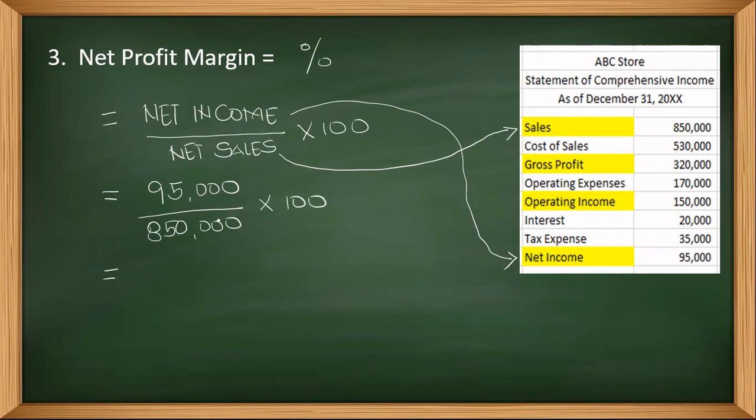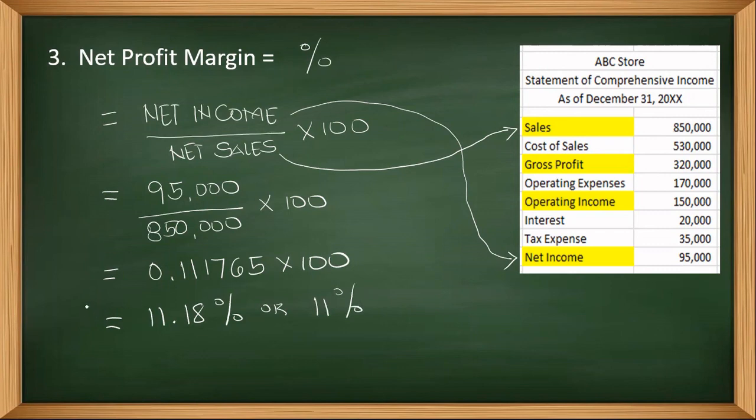So the next step will be dividing 95,000 by 850,000, which is equal to 0.111765, multiplied by 100. If we're going to get at least two decimal places, the answer will be 11.18%, or for a whole number, we get 11%.